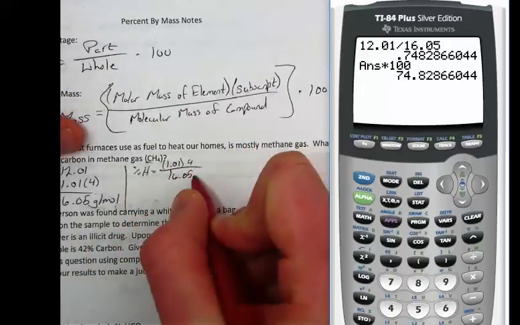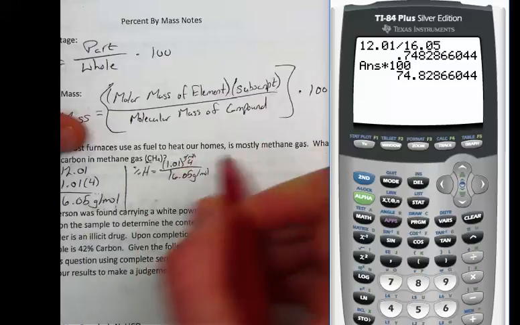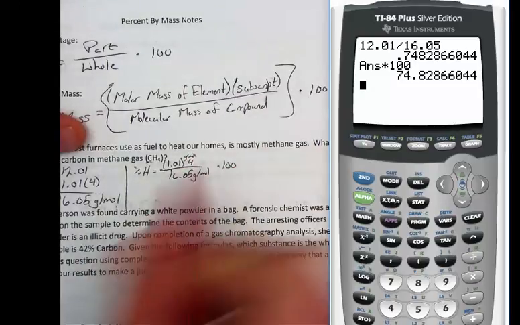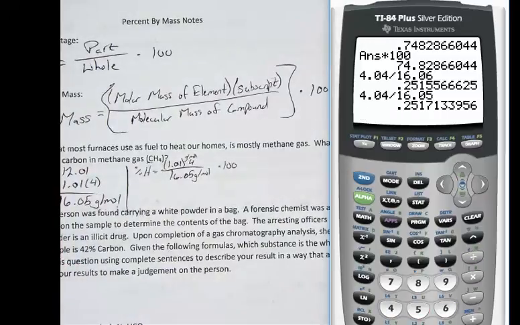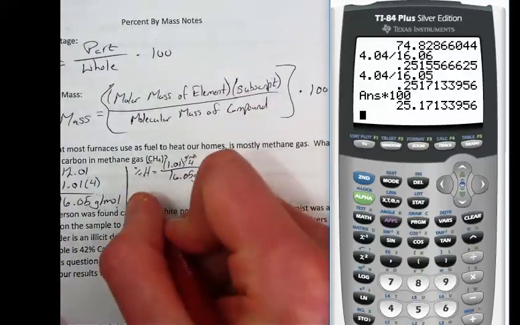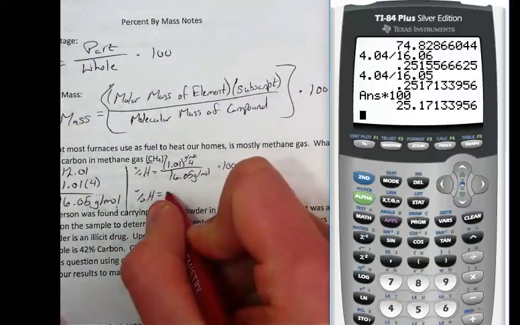The molar mass doesn't change, grams per mole. And then we're going to multiply that by 100. So when we type in 4.04 divided by 16.05, that should give us 25.17, because we need to multiply that by 100. So our percentage of hydrogen equals 25.17%.